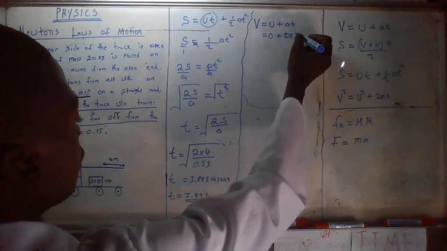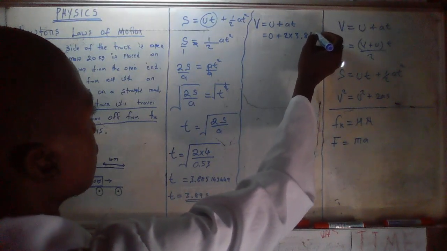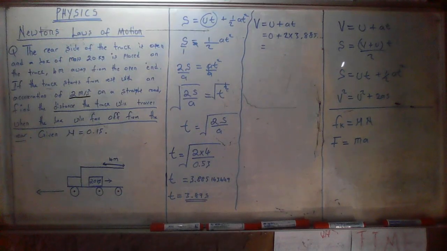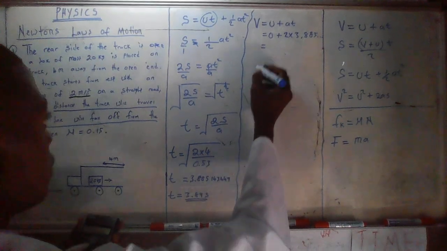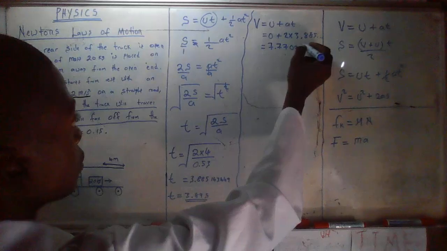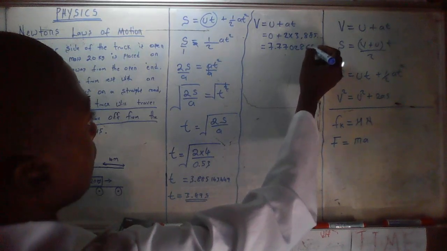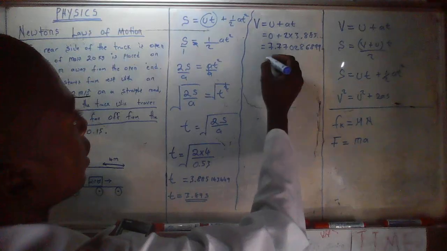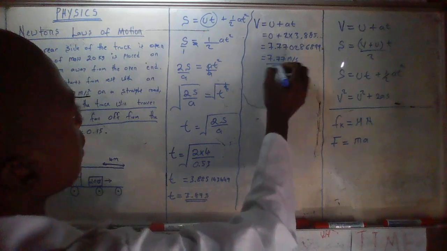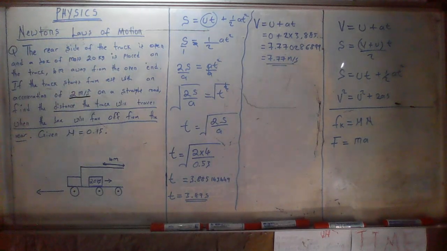The time is 3.885. 2 multiplied by the time gives the velocity to be 7.770286899, so 7.77 meters per second.